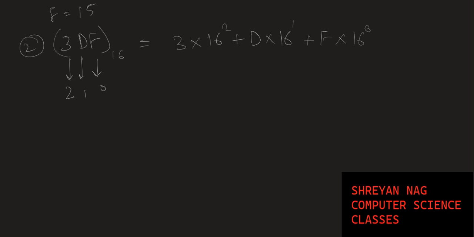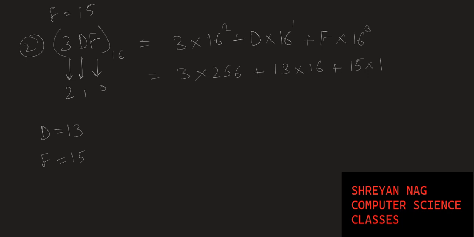Now D is what? A is 10, B is 11, C is 12 and D is 13, and F is 15.